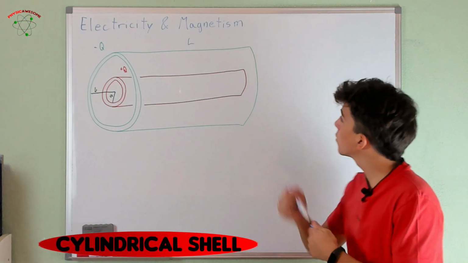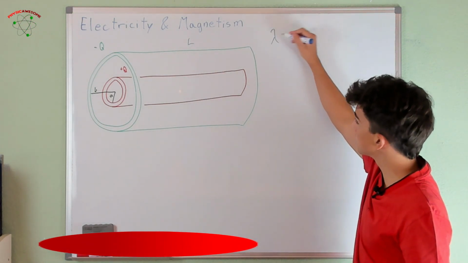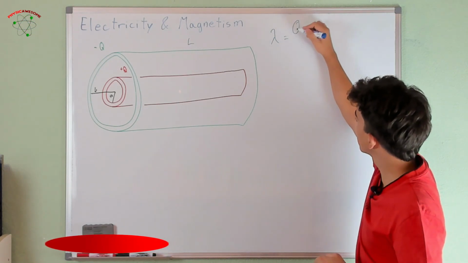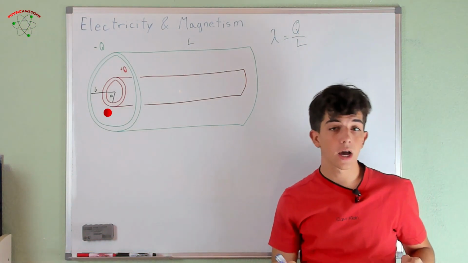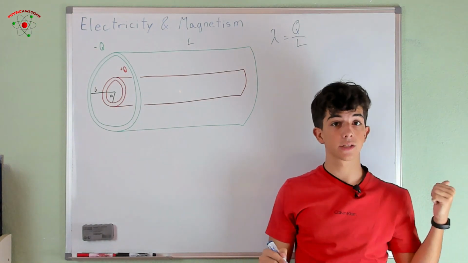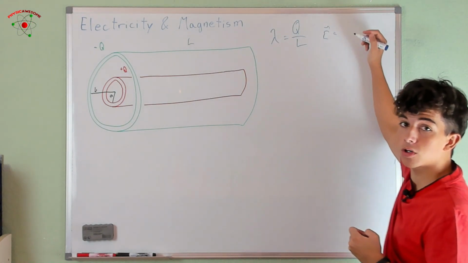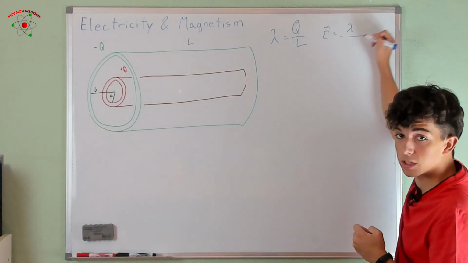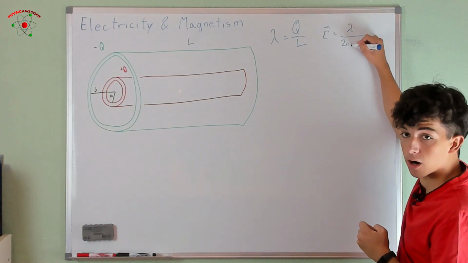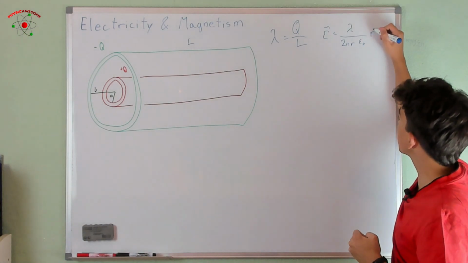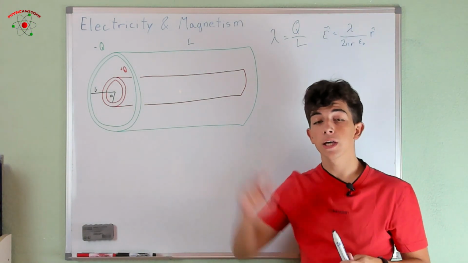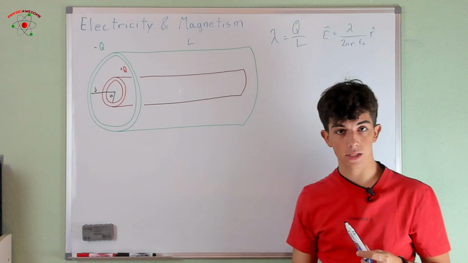To deal with it, we will define a linear charge density, lambda, of Q over L. And we found in our applications of Gauss's law videos that the electric field in this case is going to be equal to the charge density divided by 2 pi r times epsilon naught in the r-hat direction, and only in between both cylindrical shells.